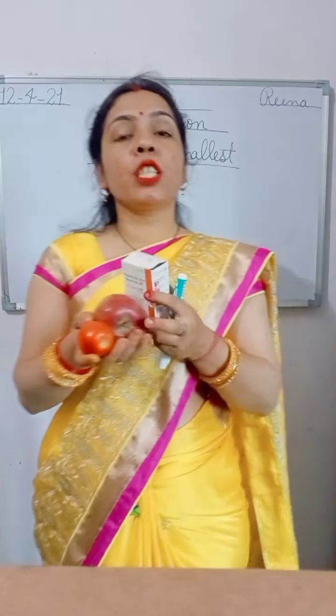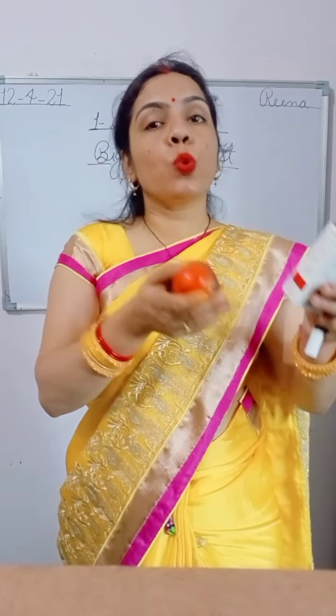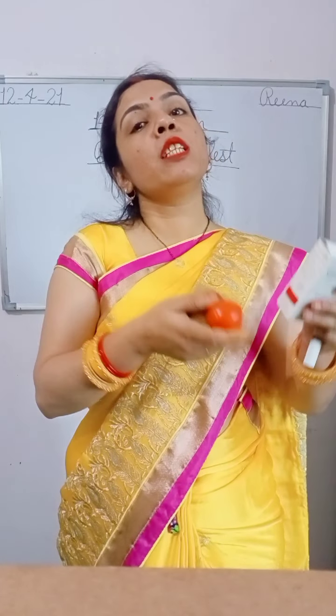Now tell me which is big, which is bigger, which is biggest. Big means bada, bigger means usse bada and biggest means sabse bada. Okay. Now this tomato is big. If this tomato is big, then apple is bigger, then box is biggest.